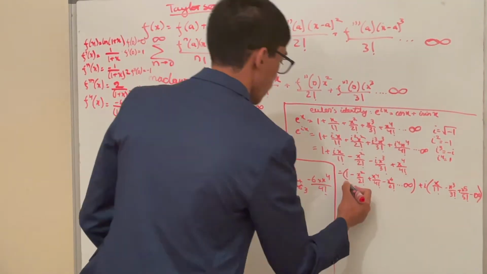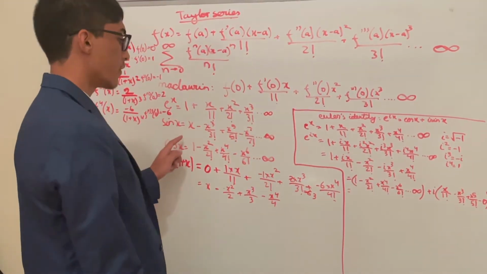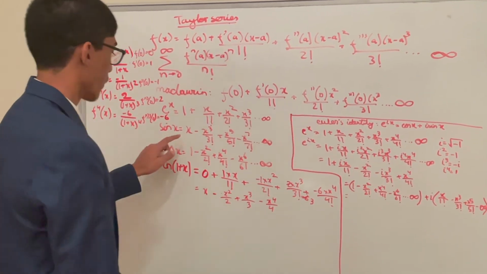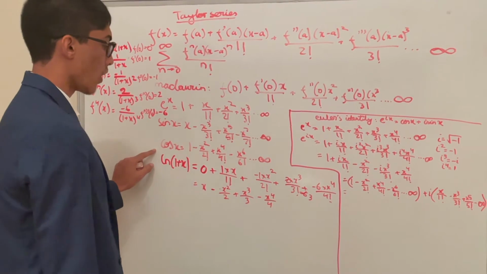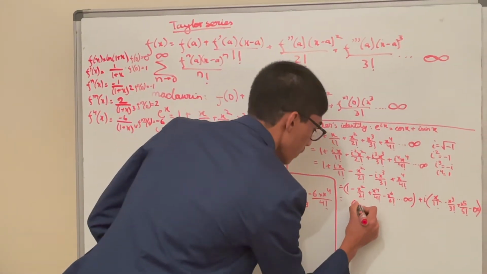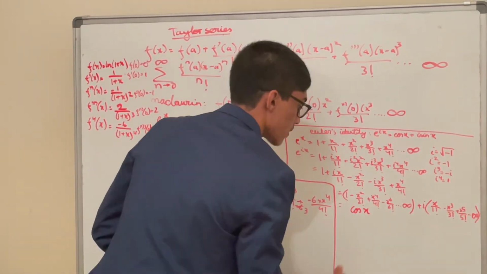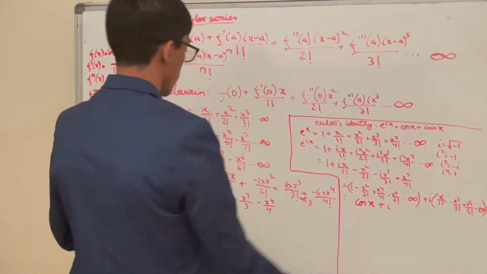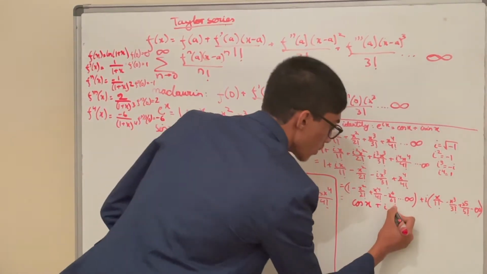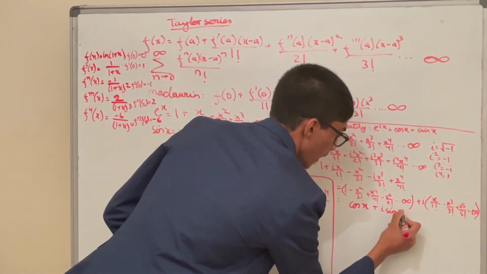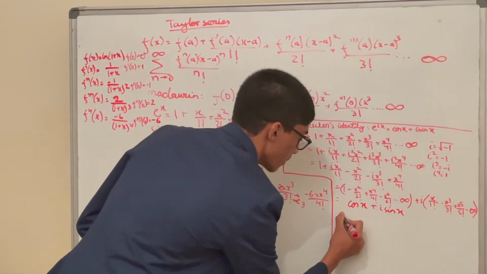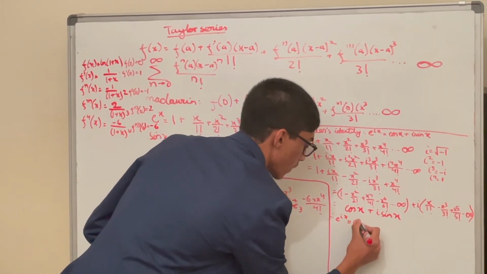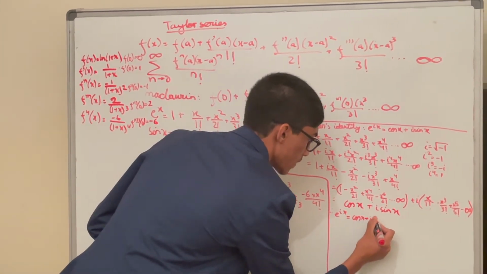This is actually the expansion which we've deduced before. 1 minus x squared over 2 factorial plus x to the 4 over 4 factorial is just cos x. So you can write this as cos x plus i times, and this again is just sin x. And we've proved e to the power of ix is equal to cos x plus i sin x.